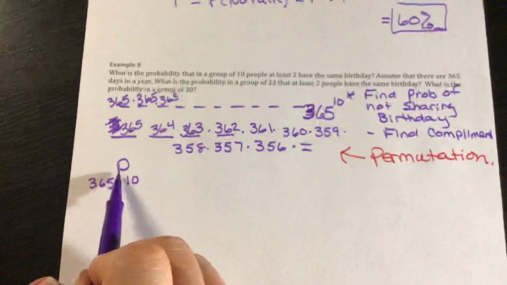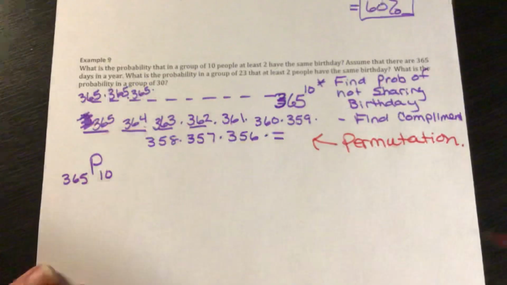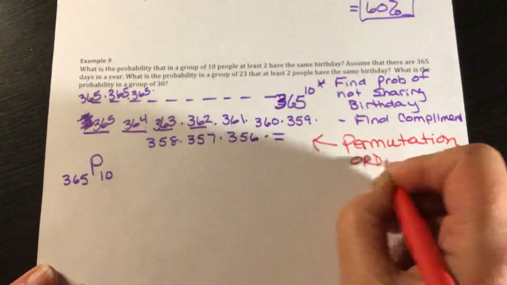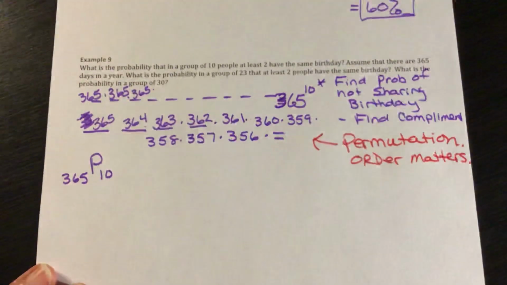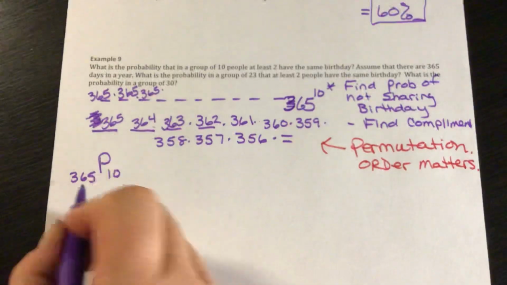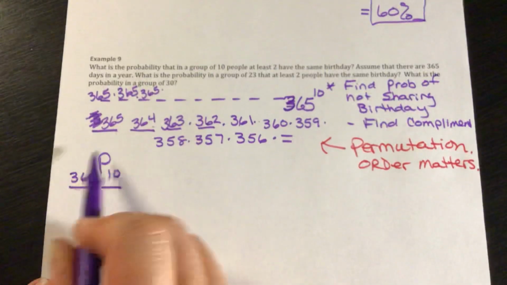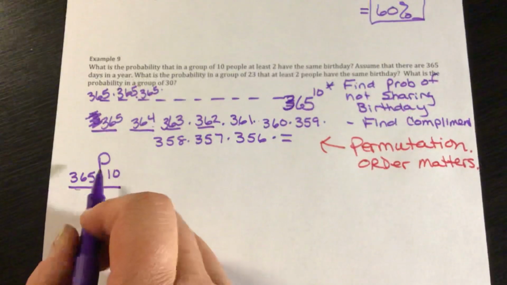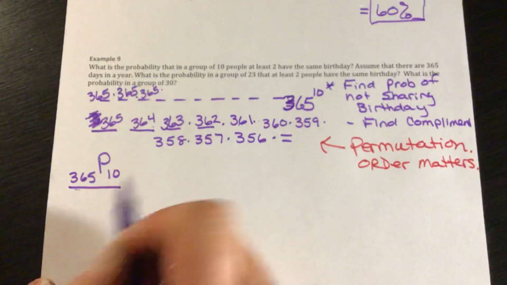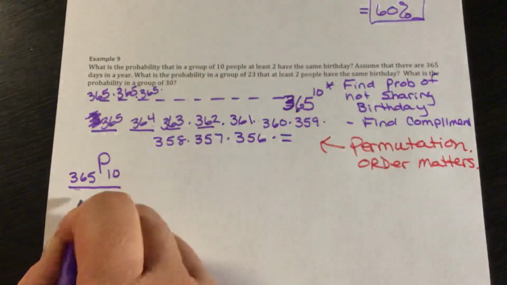It's a permutation instead of a combination because order matters. Now, the probability that they're all different has the number of possible outcomes of 365 to the 10th power.